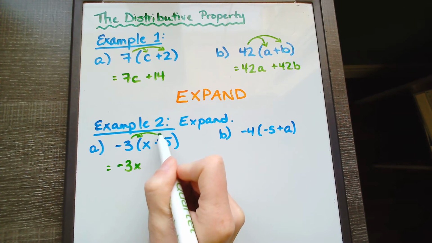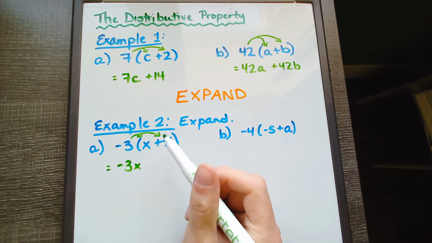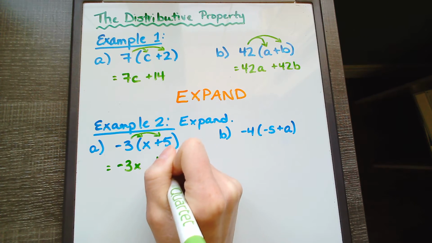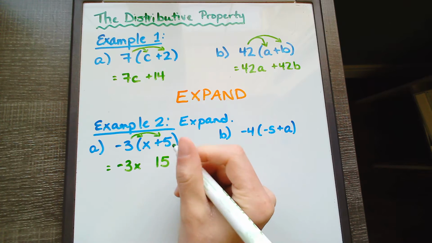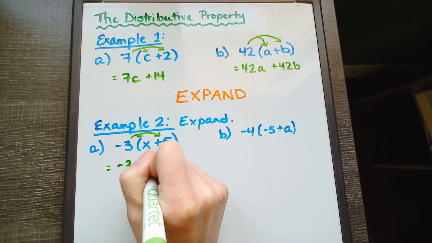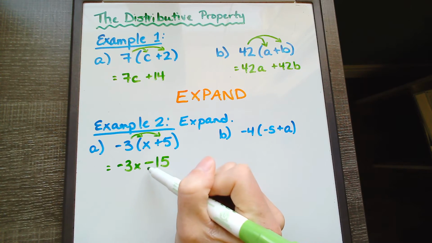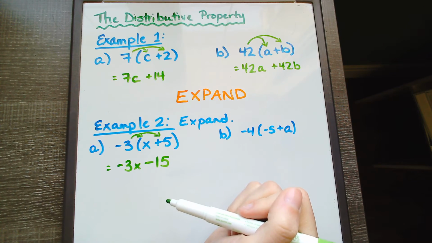Negative 3 times 5. Now, this is where I often pause. I will do the number first. So 3 times 5 is 15, and a negative times a positive gives me a negative. Whatever sign goes with my multiplication is going to go in the middle. So negative 3 times positive 5 is negative 15, and we use that as the adding or subtracting sign.